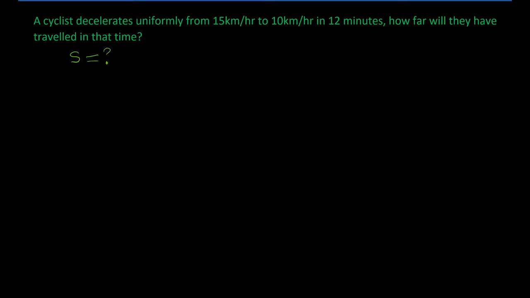That's what we want to find out. We're told that it started at 15 kilometers per hour and ended up at 10 kilometers per hour, and we're told that the time is 12 minutes.